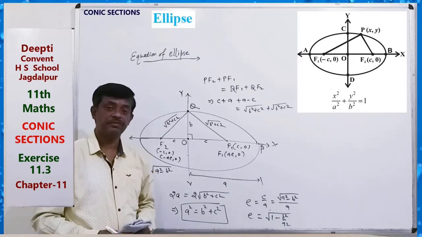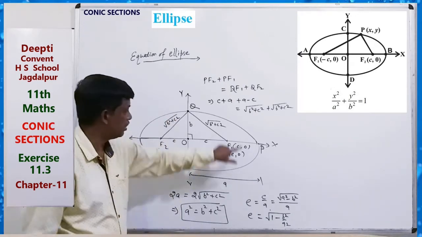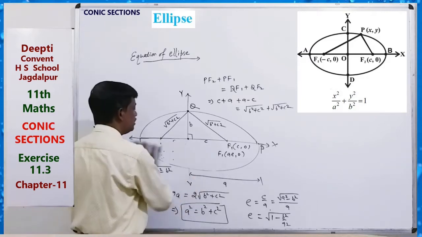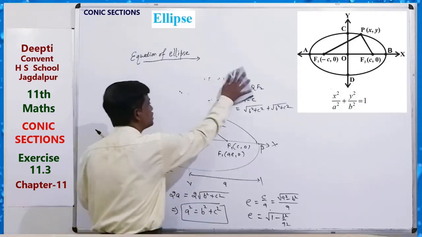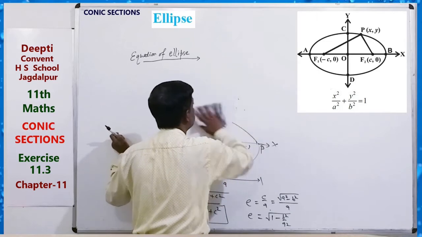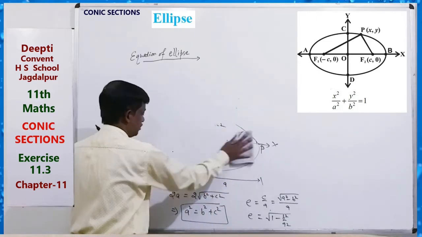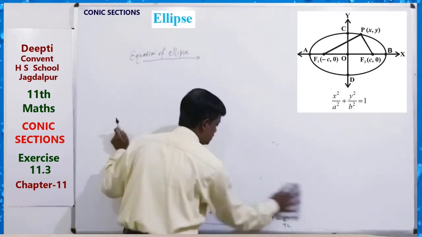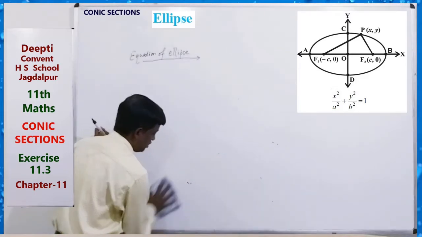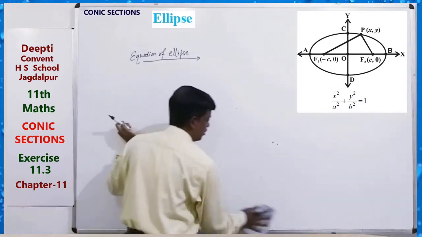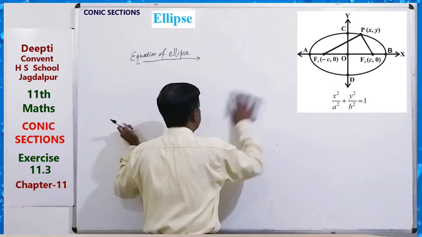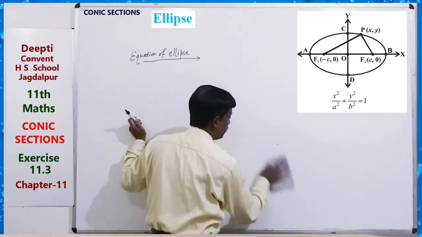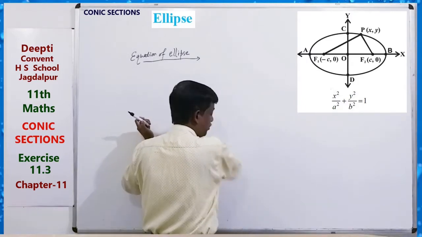Equation means if there is an arbitrary point on the ellipse, then what is the relation between the coordinates of that arbitrary point with the constants of the ellipse? Means x, y and a, b, c; either of a, b, c, or two or three may be involved in the equation. Okay, so the equation of ellipse will involve coordinates of an arbitrary point on the ellipse.